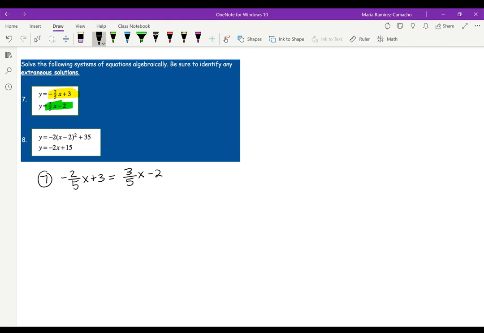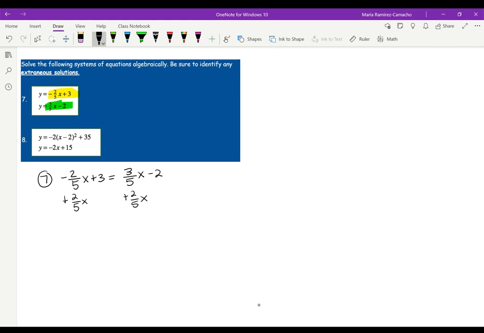When we're solving a system, since we have both x and y in our original equations, we want to find both x and y. So I'm going to start by adding 2/5 x to both sides.